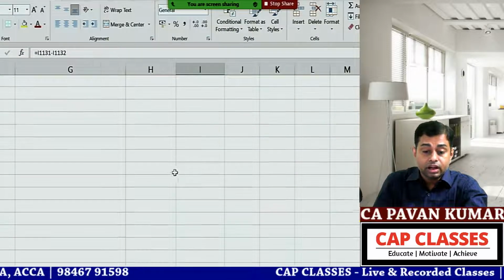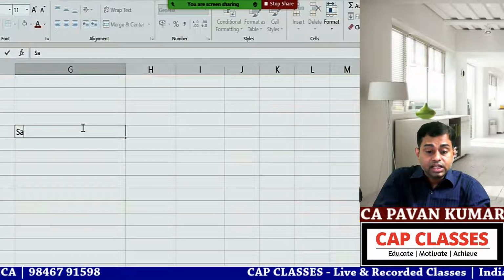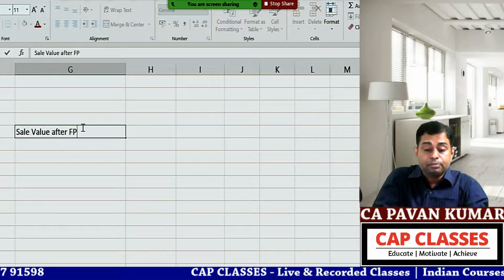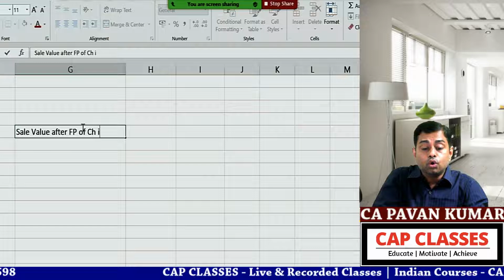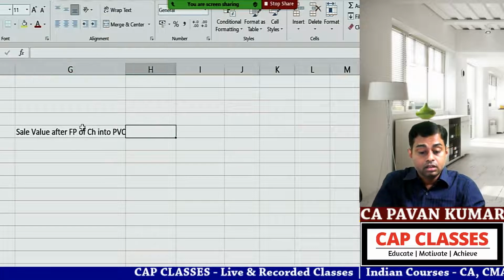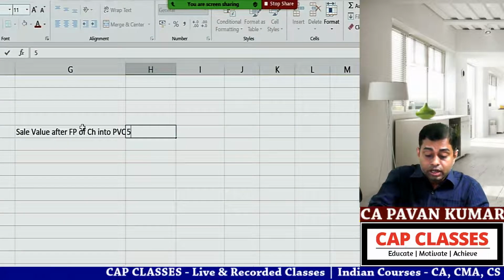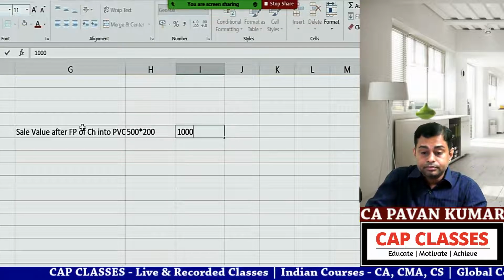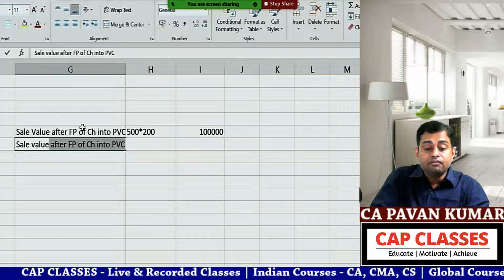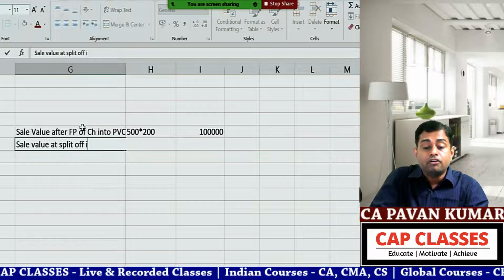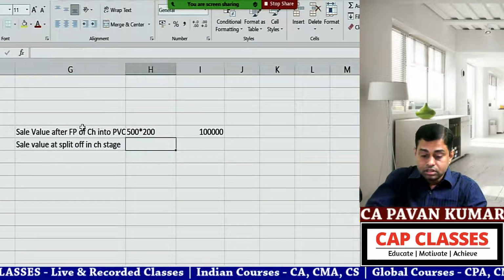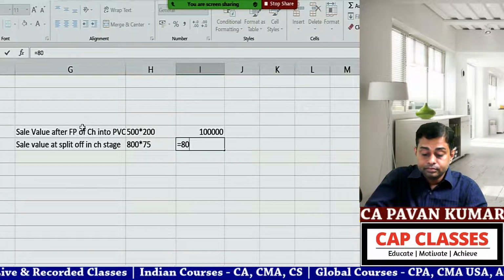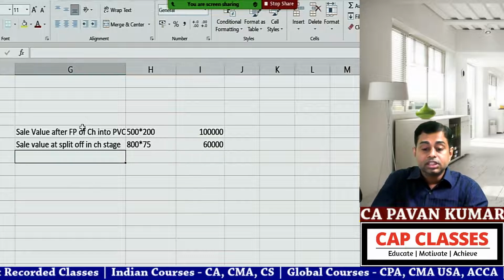Okay, so look here. Sale value after further processing of chlorine into PVC: 500 into 200, 1 lakh. Sale value at split off in chlorine stage: 800 into 75, 60,000.